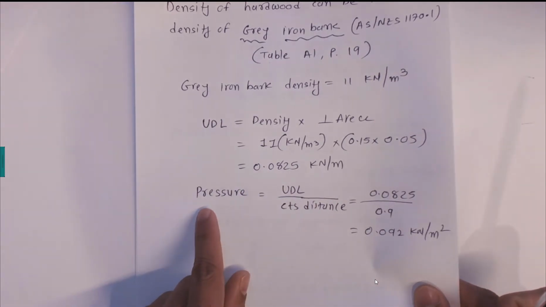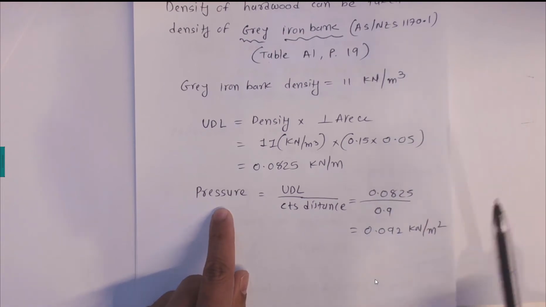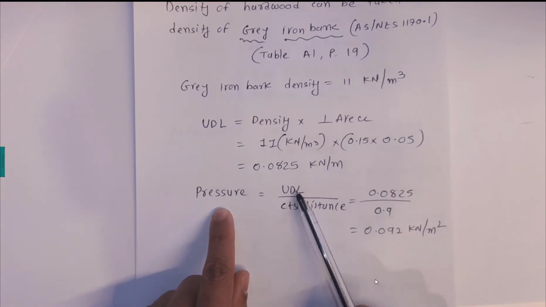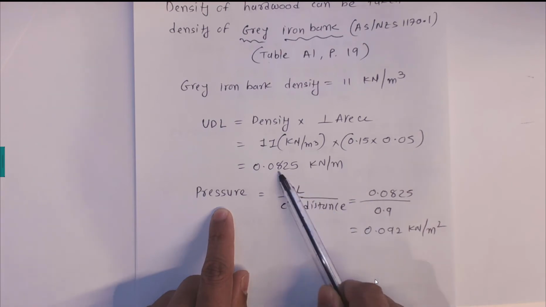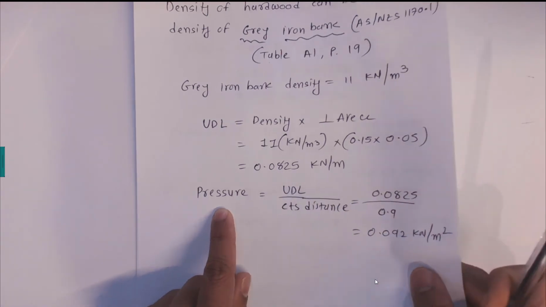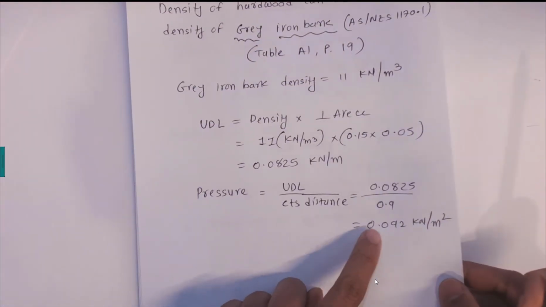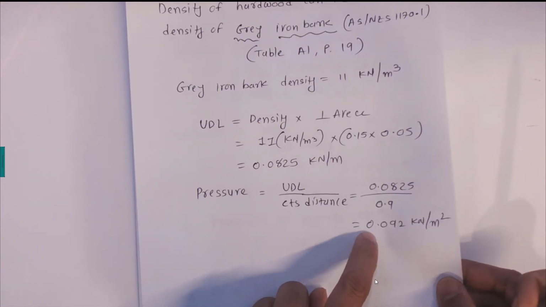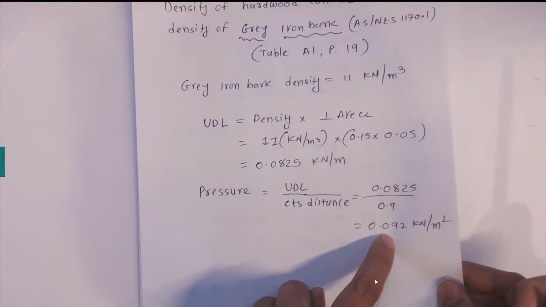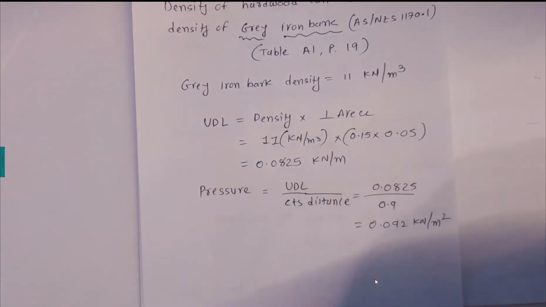Now we need the answer as pressure, in kilopascals, so we divide the UDL by the center distance, which is 900 millimeters, so we divide by 0.9 meters. That pressure is 0.092. Now I would like to show where the purlins are located.